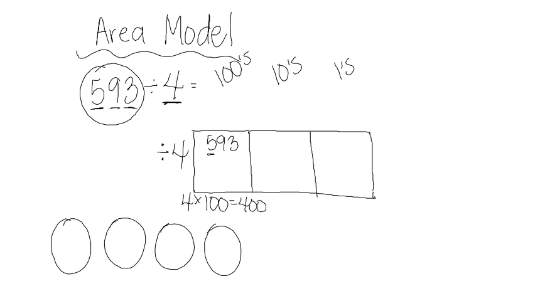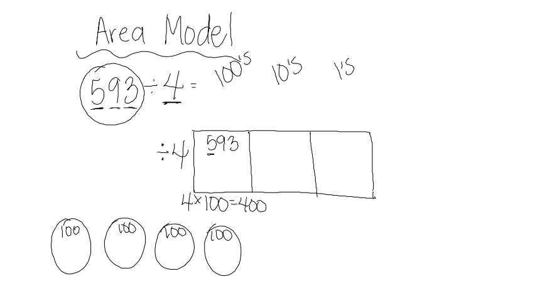Now, using my knowledge of multiplication, I can say 4 times 200 is going to be too large, because 4 times 2 is 8, and 4 times 200 is 800. So I can have 100 in each group, and that would give me my 400, but I've only got 100 left, so I can't use that quite yet.